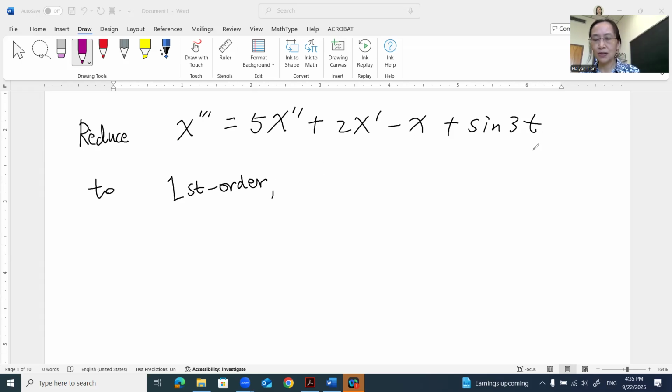And since it's not autonomous, the right-hand side involving t, we want to have autonomous. So reduce to not only first order equations, also an autonomous system of equations.